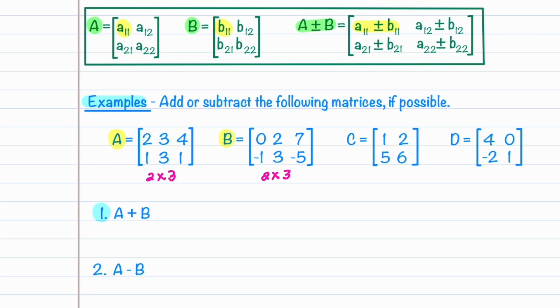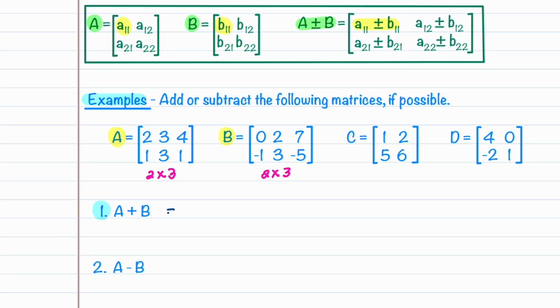Let's now go ahead and do that. When we add A plus B, we're going to add the corresponding entries. Let's look at the first entries. That's 2 and 0. So we just add 2 plus 0. And then we'll look at the next entry. That's 3 and 2. So we're going to add 3 plus 2.